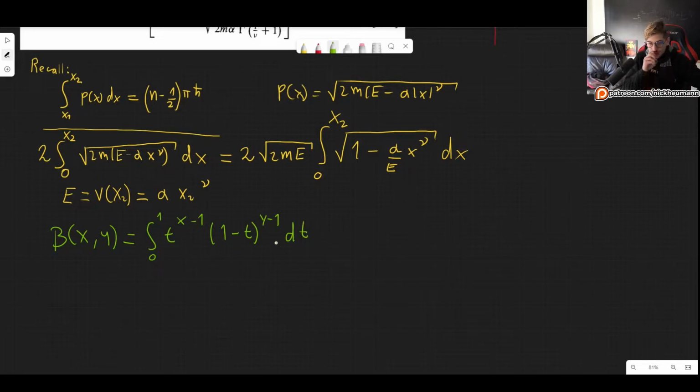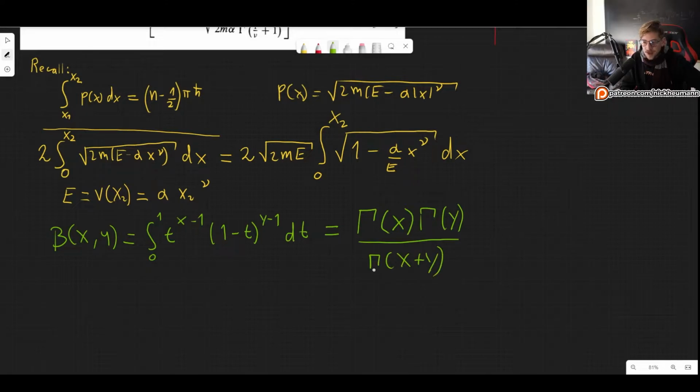This function will help us find the answer, because we can express it as the product of the gamma function of x times the gamma function of y, divided by the gamma function of x plus y. So that is the reason why we wish to transform this integral to this form.